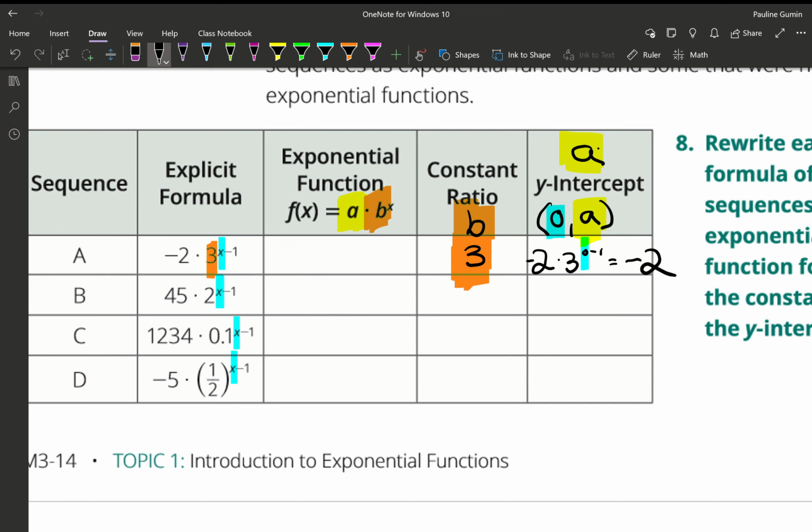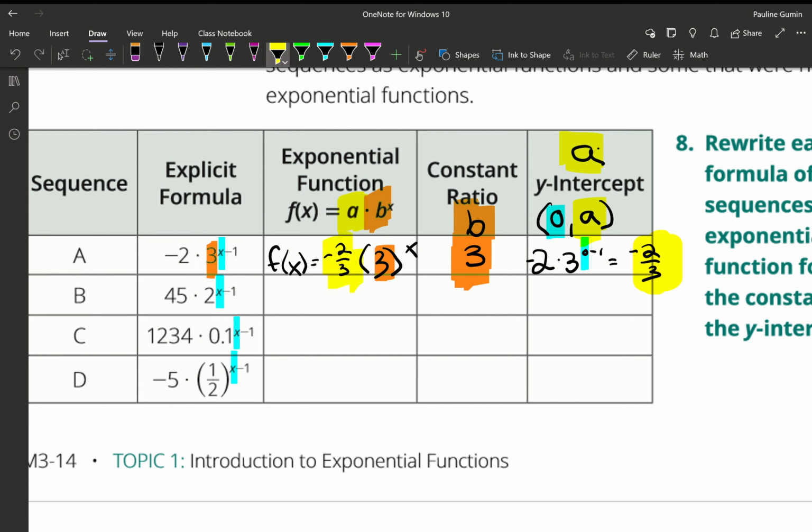Whoops, -2 over 3. Oops. Whoopsie doopsie. I was looking at that. I'm like, something's wrong there. -2 over 3. Okay. So, let's write out our function. Our function becomes f of x equals -2 over 3 times 3 to the power of x.